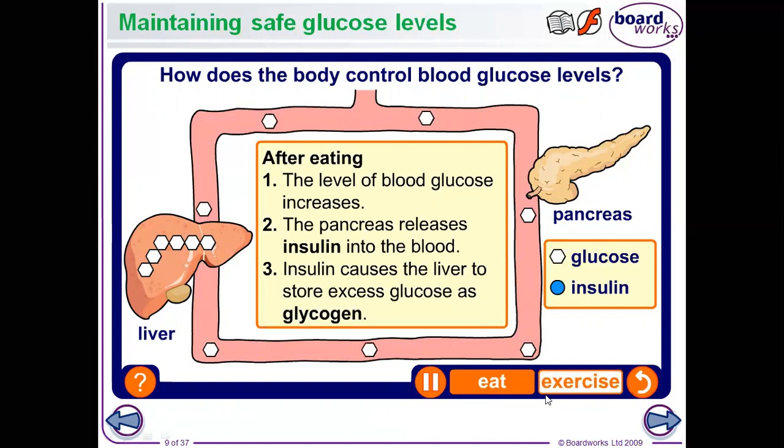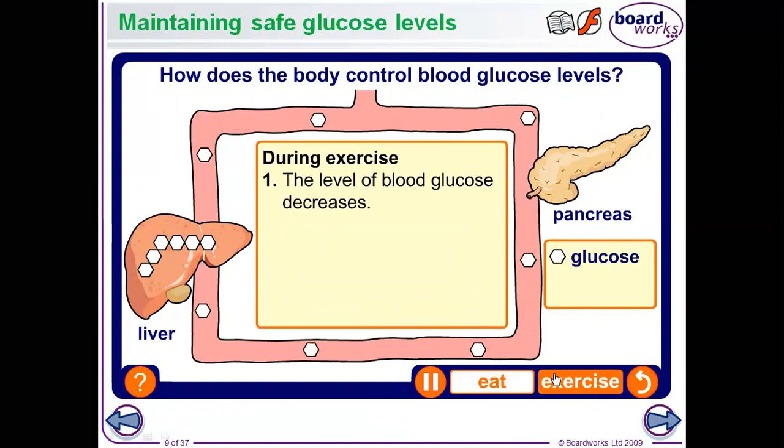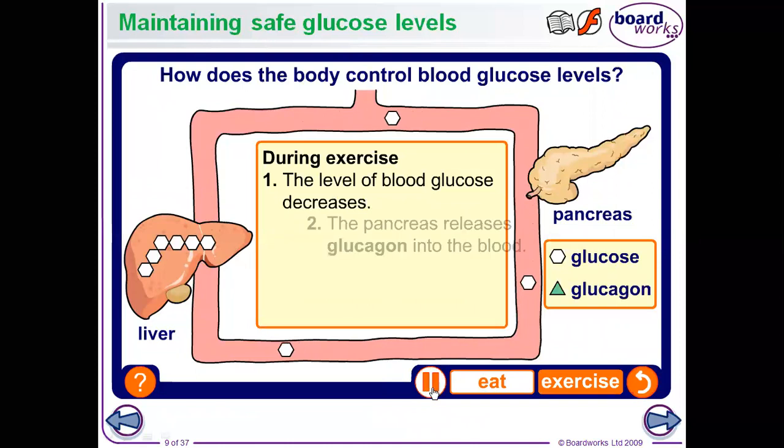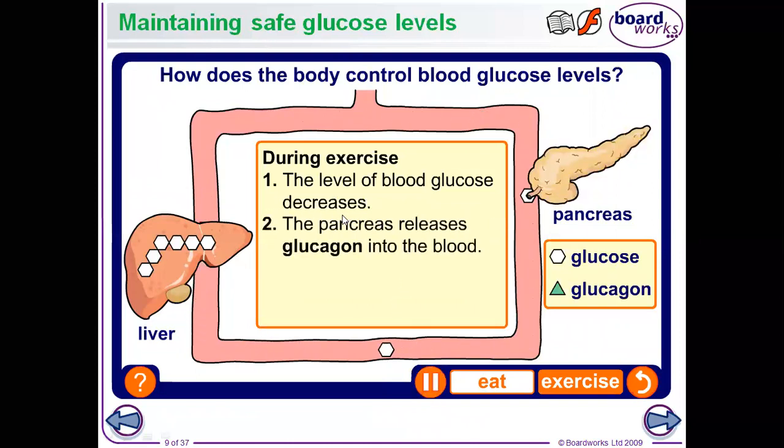I think it's clear. Now another condition we have, let's suppose we are doing exercise. During exercise, the level of blood glucose decreases. So when it decreases, the pancreas releases glucagon into the blood. Now you can see here, in this blood vessel the glucose is less. So for that reason, it is supposed to increase in the blood now.